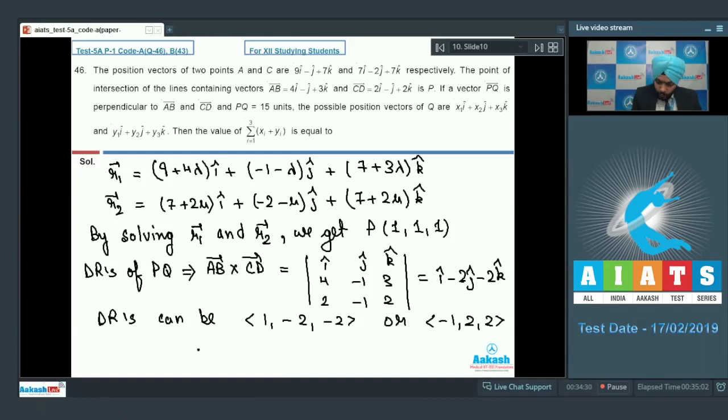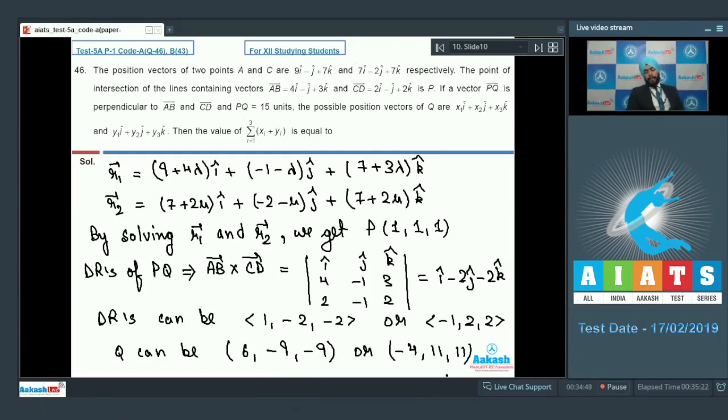Okay, so Q can either be P plus 5 times this. So 6, minus 9, or minus 4 and 11. These are the two possibilities for point Q. Okay, so we have the summation of all 6 is the answer.